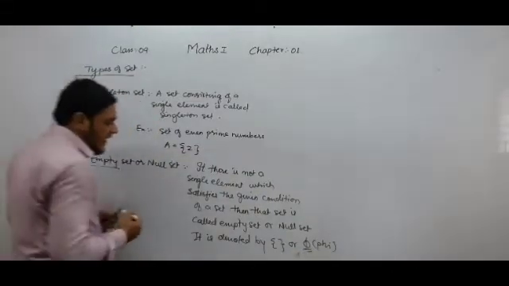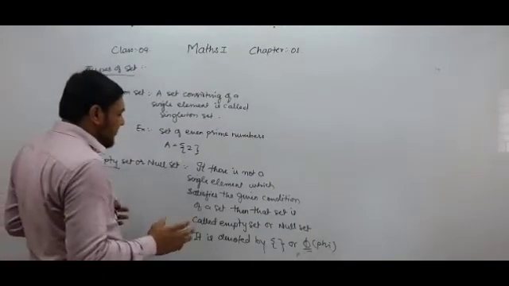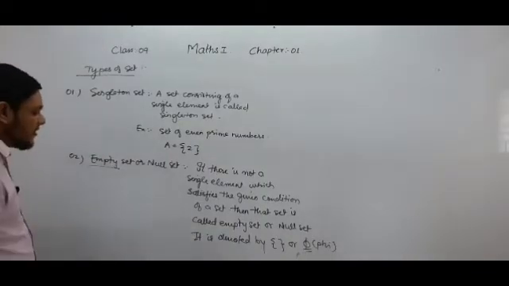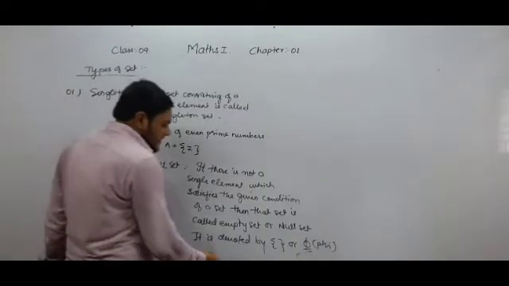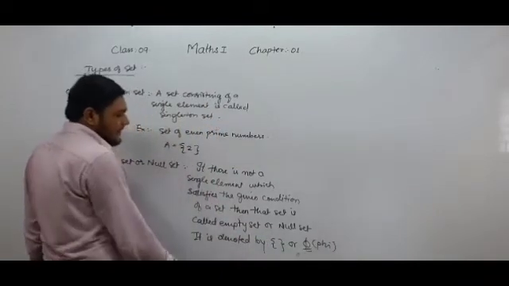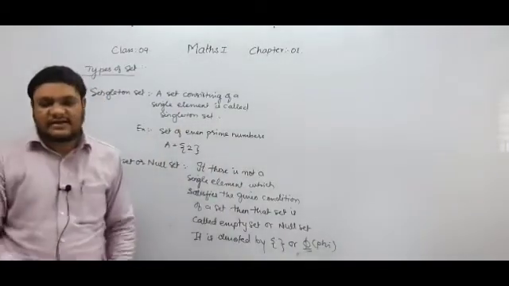Remember that this symbol phi is used to denote the empty set or null set. If there is no element in a set which satisfies the given condition, then that set is called an empty set or null set. So students, now we will study the finite set.